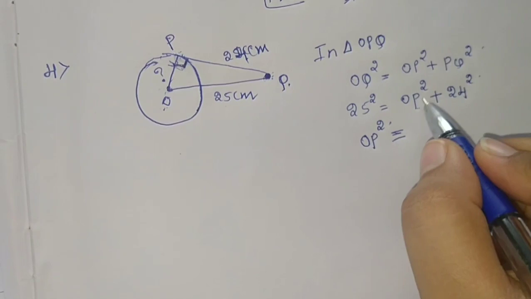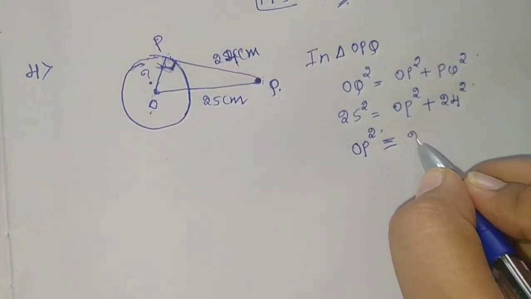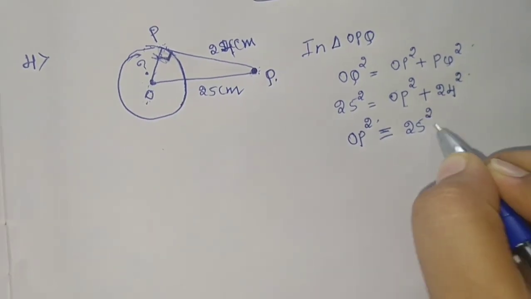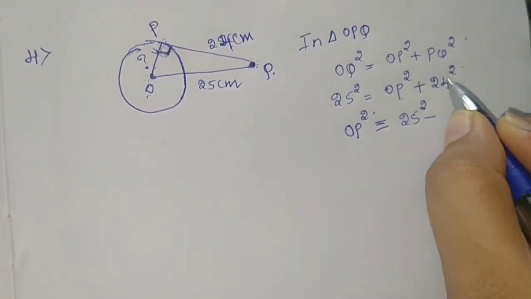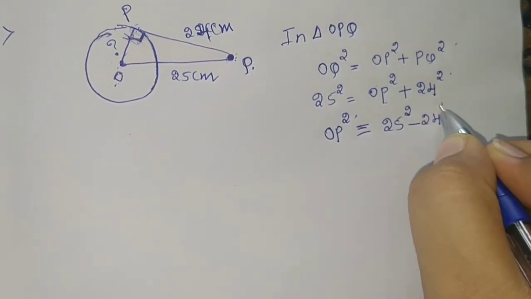In order to find the value of OP, you have to interchange this. OP square you should keep here, and I'll take 25 square, this plus 24 the whole square, it will become 24 square.